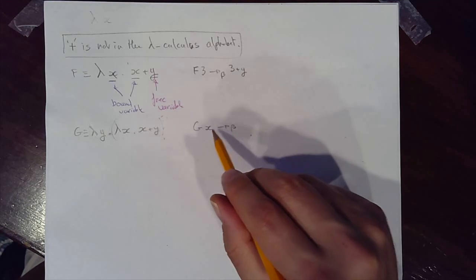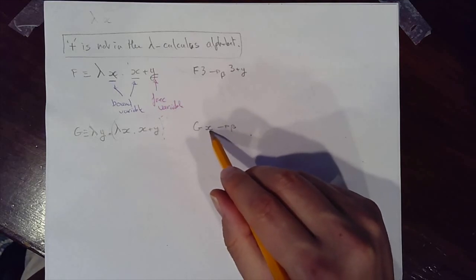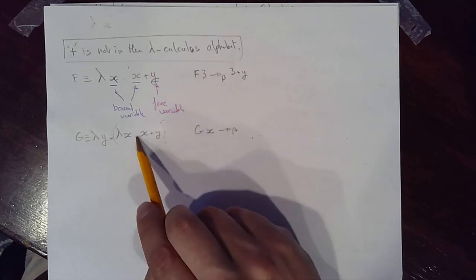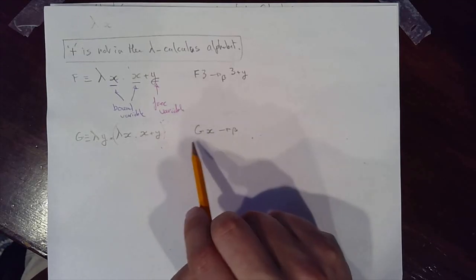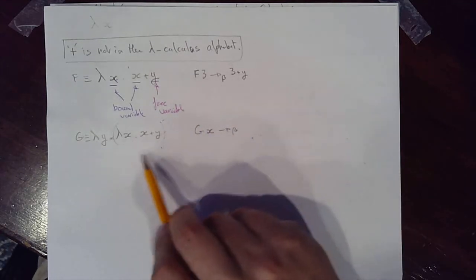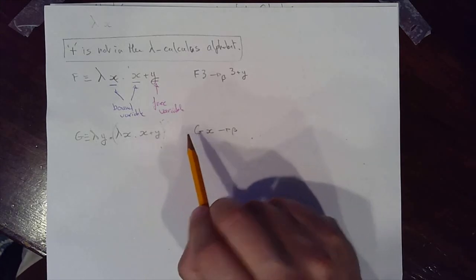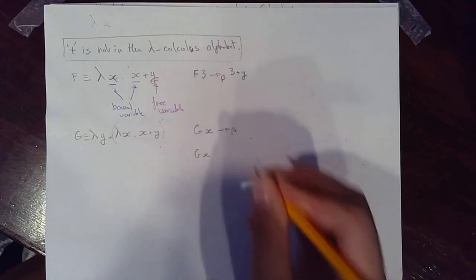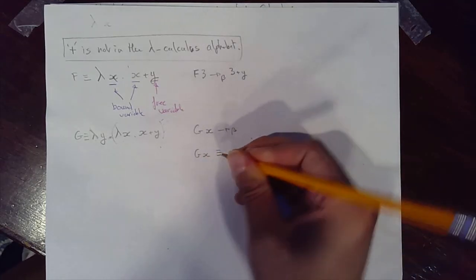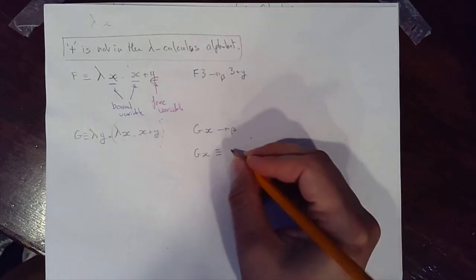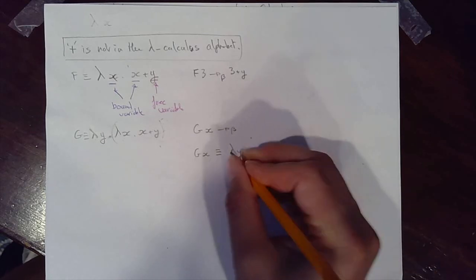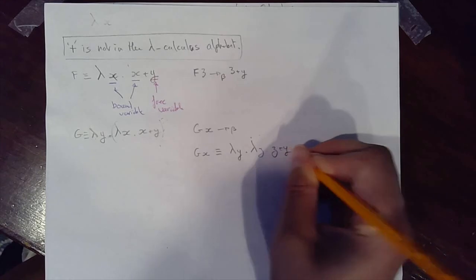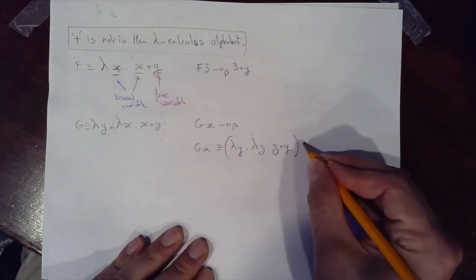This x here is not bound inside the expression, it's outside, right? So I might need to do some renaming. I'm going to say that it is the same as saying lambda y dot lambda z dot z plus y applied to x, right?